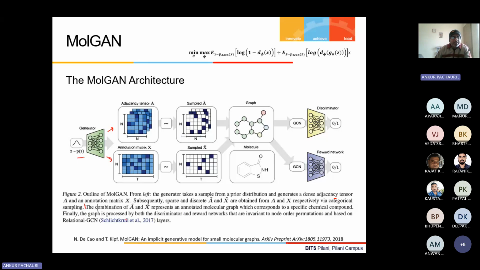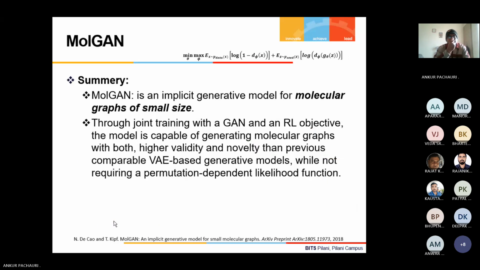And finally, the graph is processed by both the discriminator and the reward network, which are invariant to node order permutation, based on relational GCN layers. So this is an implicit generative model for molecular graphs of smaller size.